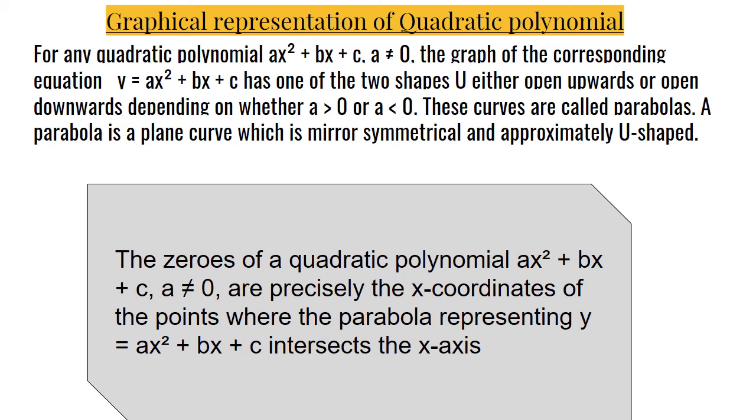Now the graphical representation of a quadratic polynomial. For any quadratic polynomial ax square plus bx plus c, where a is not equal to 0, the graph of the corresponding equation y is equal to ax square plus bx plus c has two shapes, that is U shape, either opening upwards or opening downwards. These U shapes opening upwards or downwards depend on whether a is greater than 0 or a is less than 0.